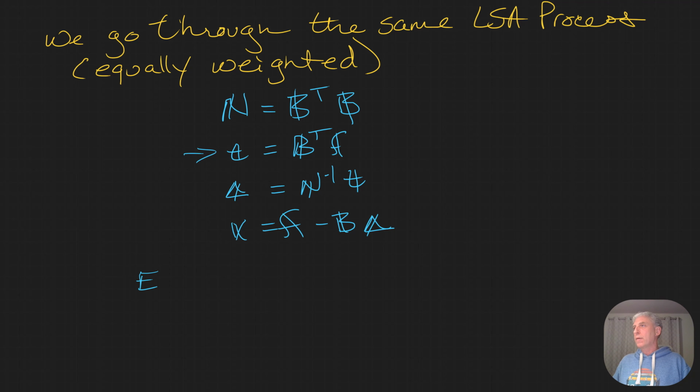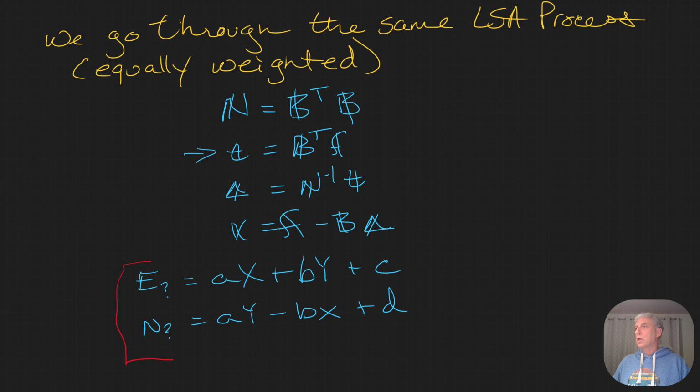So E of the unknown equals A times X plus B times Y plus C. And the unknown northing would be equal to A Y minus B X plus D. And that's how we would get our final components. That's the goal. That's the holy grail. We want that new northing and easting in the datum.